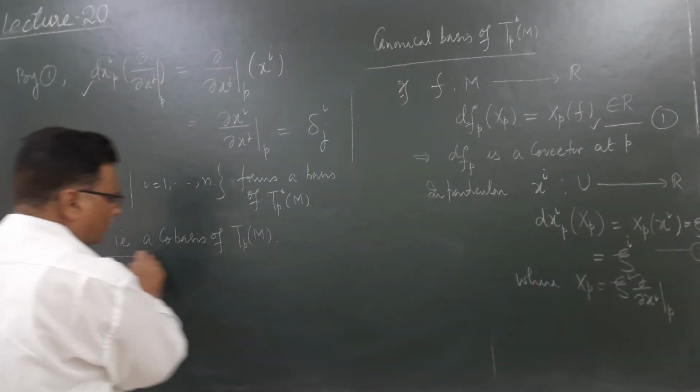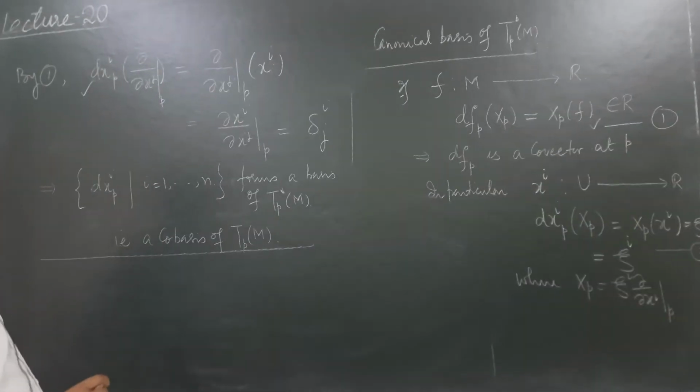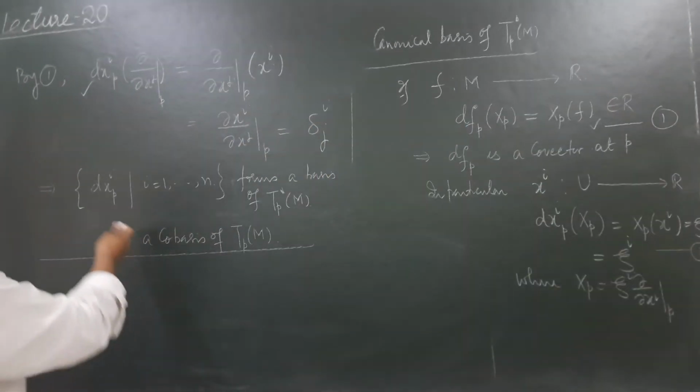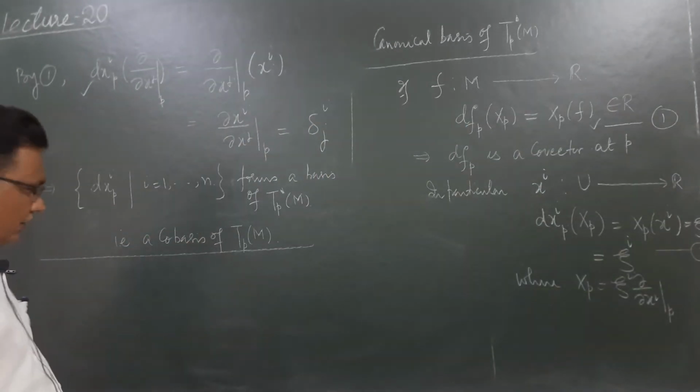Now, once you say that it's a co-basis, every linear map from the tangent space to R must be written as a linear combination of dxi.